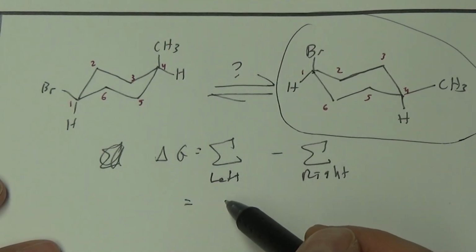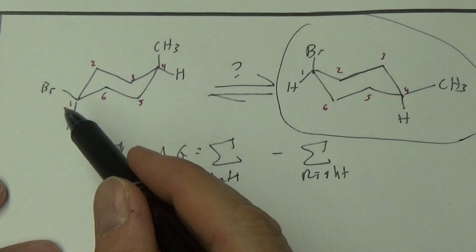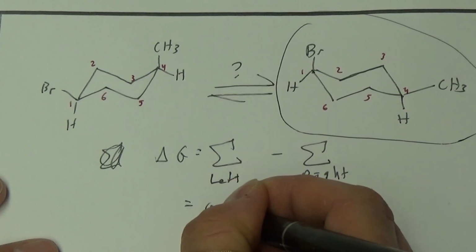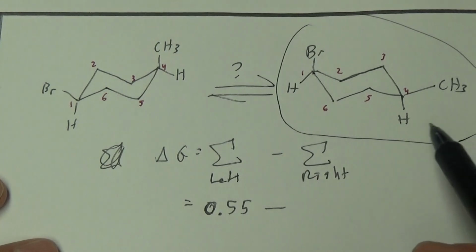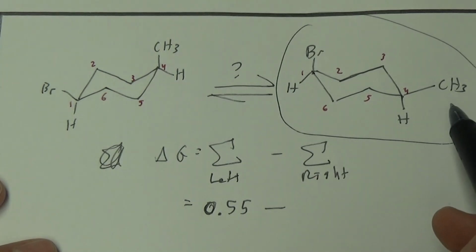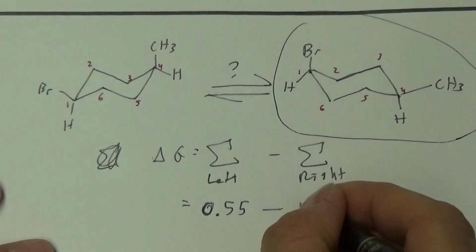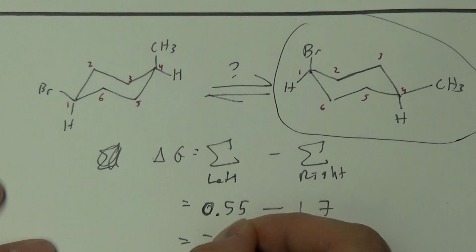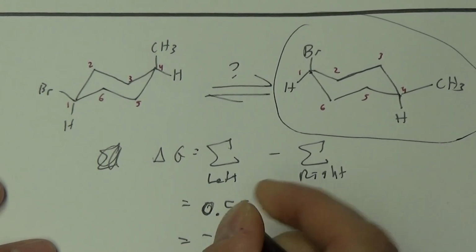Left side, we sum up everything on the left that's equatorial, and it's 0.55, right? Right side, what's equatorial on the right? Not the Br, but the CH3, 1.7. Do the math, and it's negative 1.15 kilocalories per mole.